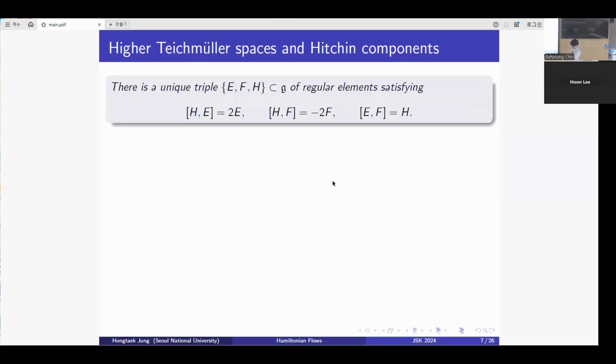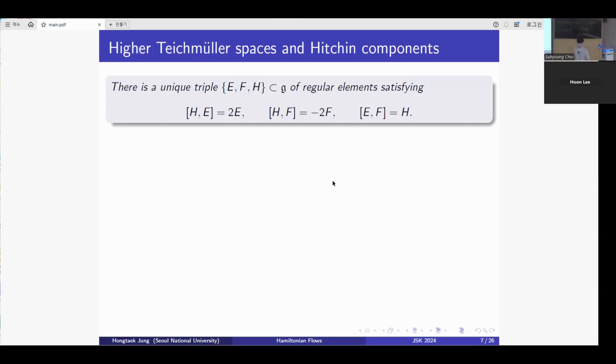To do this, we need some preparation. Suppose that, this is a kind of theorem, you can always find a triple E, F and H in your Lie algebra of G that satisfies these kinds of relations.